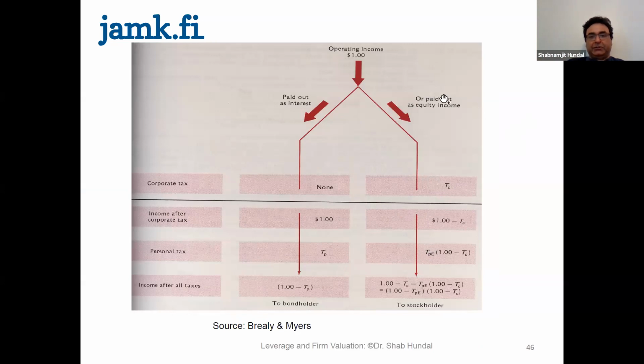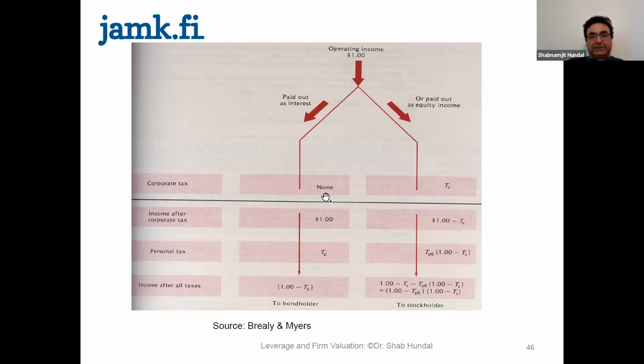Now imagine that there are two companies, and their operating income is the same, $1 each, and the company is paying the bondholders and the equity holders. So basically, this is the company which is levered, and this is the one which is unlevered.